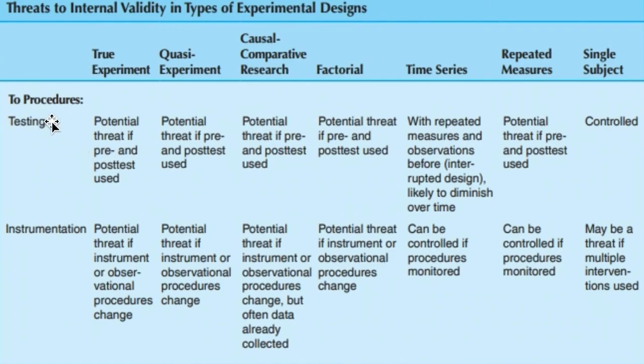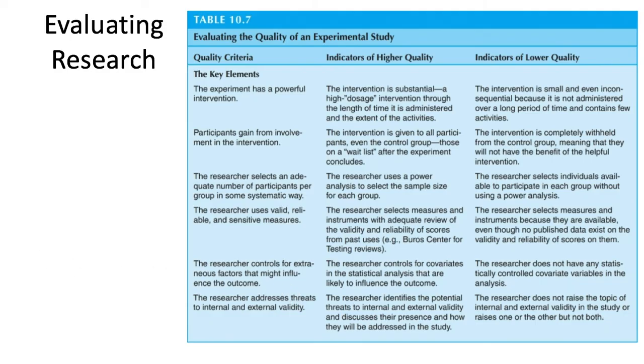In terms of testing, you want to make sure that you control for any pretest sensitization or fatigue, and you can do that across all of these. For instrumentation, you need to make sure that the measures that you use stay the same, and if they change, there is a good reason for them to change, because they better reflect the changing landscape or how success or failure is defined at the later date.